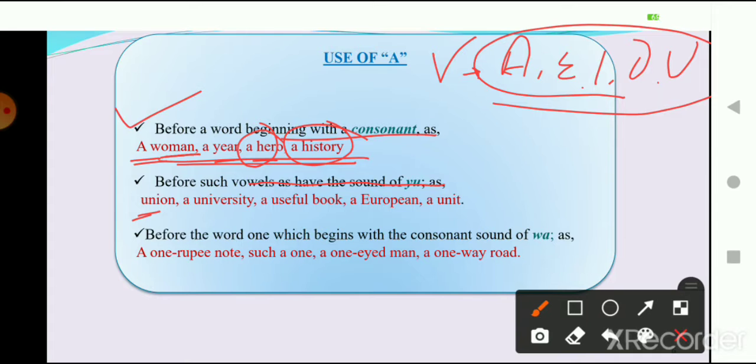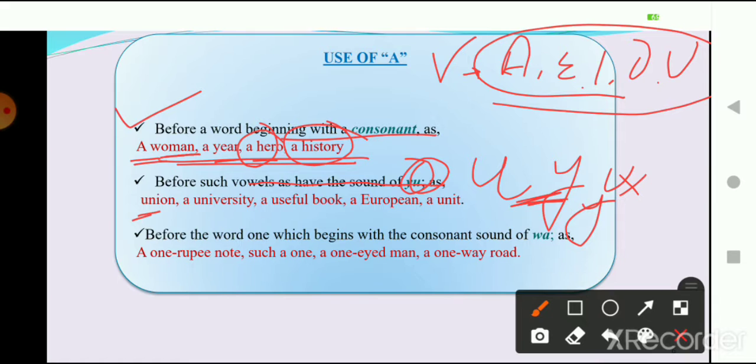Union is starting with the vowel u, but the sound when we pronounce the word is of y. That is the reason we put the article a before union. It's not 'un-ion', it's 'yoo-nion'. This y sound comes while we are pronouncing the word.